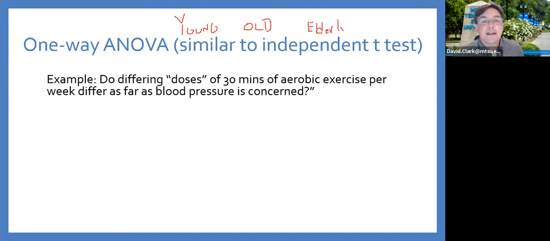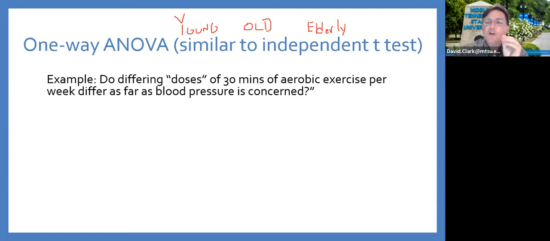Another one would be exercising a certain day a week, exercising another day a week, exercising different days. So here's an example. Do differing doses of 30 minutes of aerobic exercise per week end up with different blood pressure results? So what's the independent variable here?